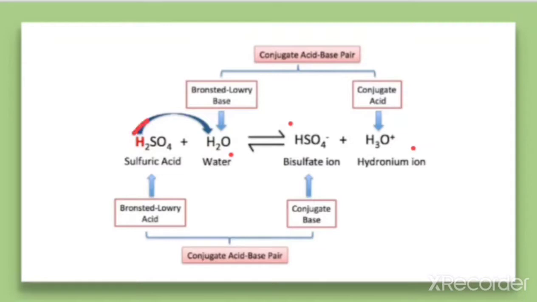That means one H positive is donated. So H2SO4 is acting as an acid, that is a Bronsted-Lowry acid, and after donating the H plus ion it turns to HSO4 negative, which is a conjugate base. So this acid base pair is called a conjugate acid base pair.